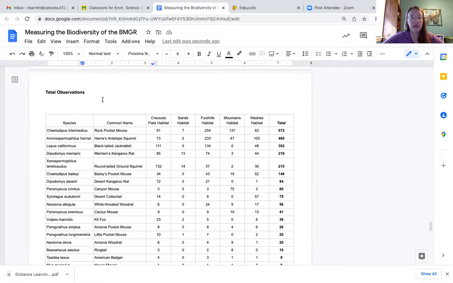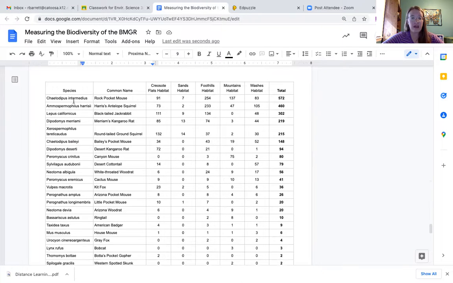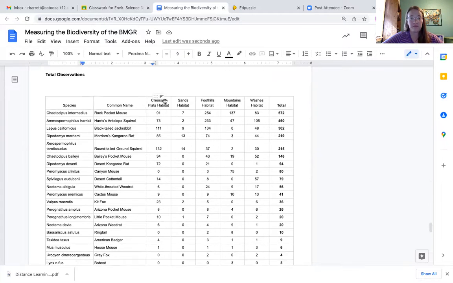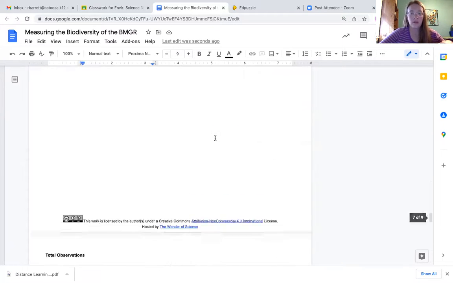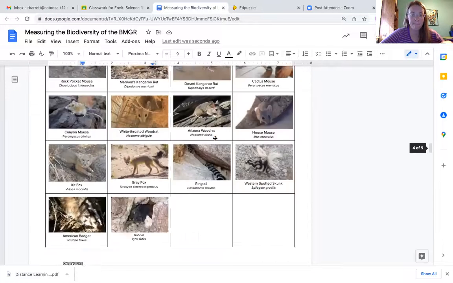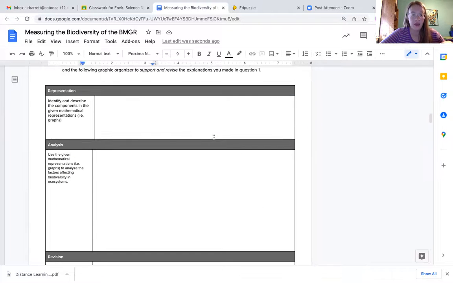I can also come down here and find each animal species, and I can find the creosotes, the sands, how many were in each of those, and the total number that was found in each of those. Might need that. I don't know. We'll look through that. I'm going to come back up here, and I'm going to describe what was given to me in those graphs. Tell me what those graphs are about, what they represent, and what they show.